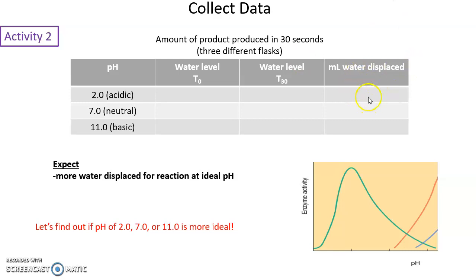That will give us the amount of water displaced, and let us know the relative reaction rates between these 3 chemical reactions. One at pH 2, one at pH 7, one at pH 11. The more water displaced, the closer to the ideal pH that the enzyme is at.